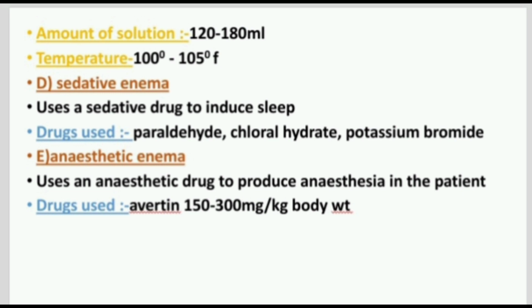Next is sedative enema. It uses a sedative drug to induce sleep. The drugs used are paraldehyde, chloral hydrate and potassium bromide. Next is anesthetic enema. It uses an anesthetic drug to produce anesthesia in the patient. The drug used is Avertin 150 to 300 mg per kg body weight.